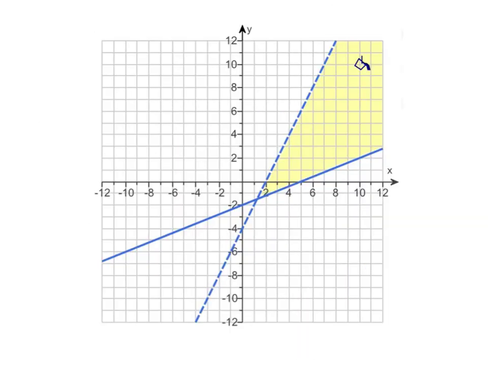The correct answer is given here. As you can see, the solid line is shaded above, the dotted line is shaded below, and the overlap is in this area here. All the other areas were erased.